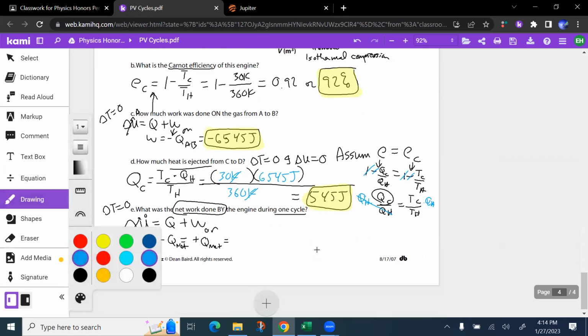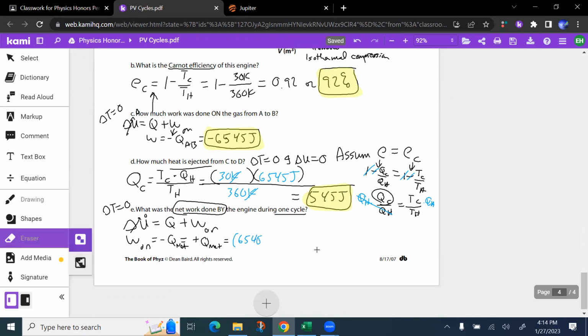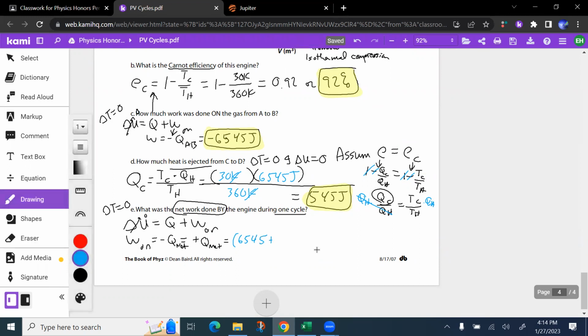So it would be 6,545 plus a negative 545, negative because heat is removed, or expelled, and that adds up to a total of 6,000 joules of work done by the cycle, by the engine.